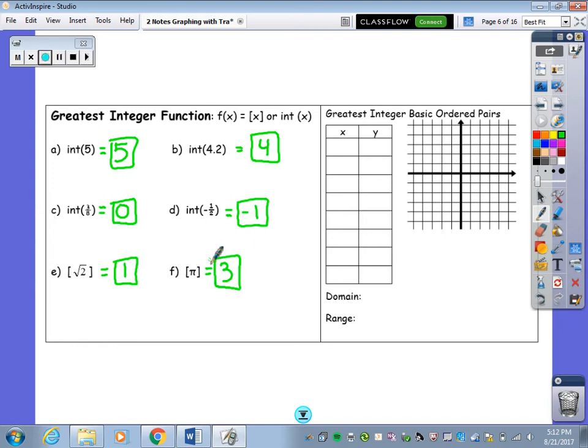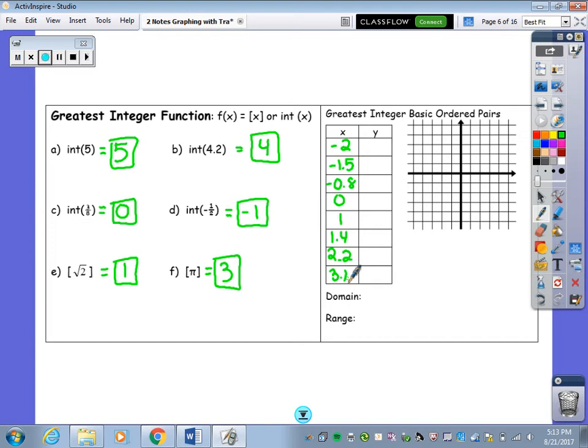So now, when we graph our greatest integer function, we can add any number here. Some numbers that I have in my graph are negative 2, negative 1.5, negative 0.8, 0, 1, 1.4, 2.2, 3.1.